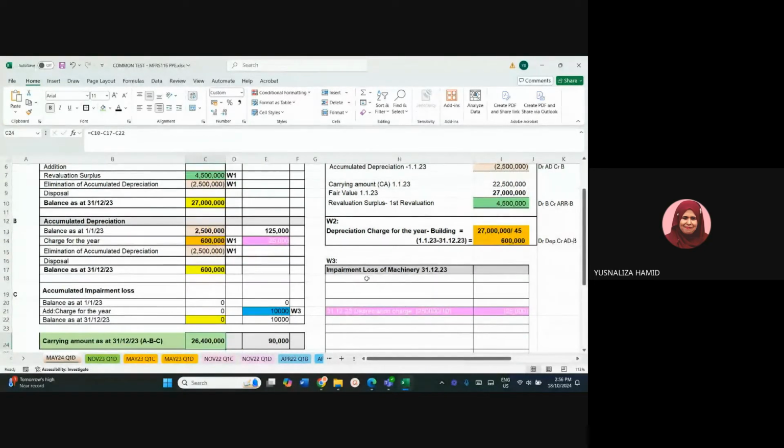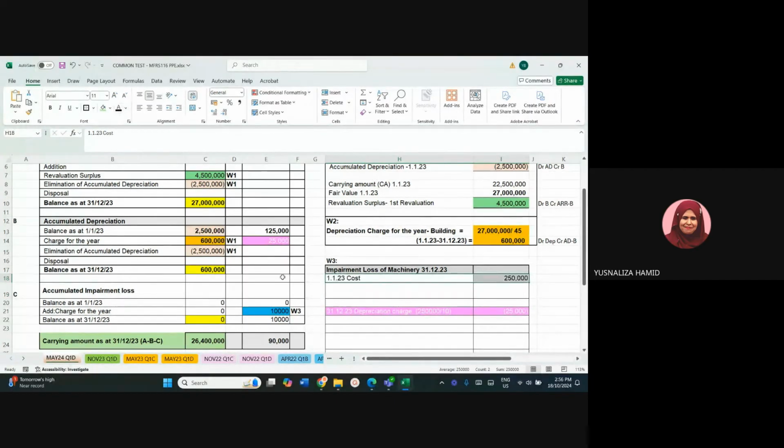So now I have put another working here, which is the working for impairment loss of machinery. So you are going to compare carrying amount on 31st of December 2023 with the recoverable amount also on 31st of December 2023. So you must find carrying amount first. To find carrying amount, take the cost at the beginning of the year.